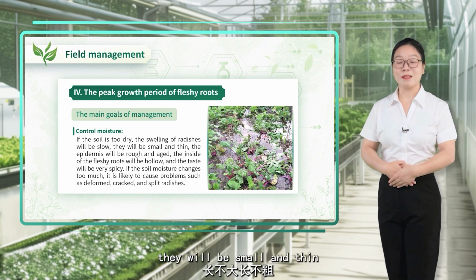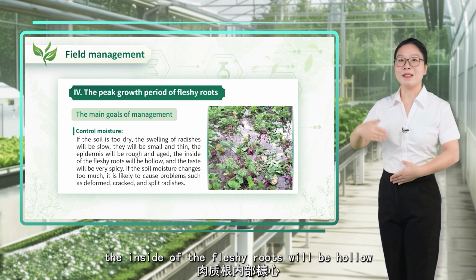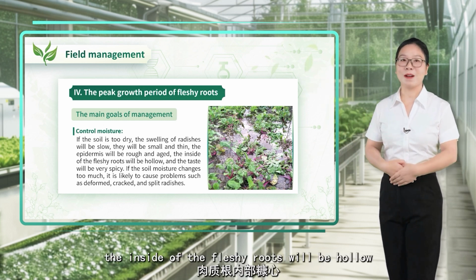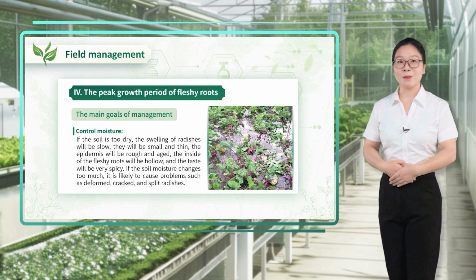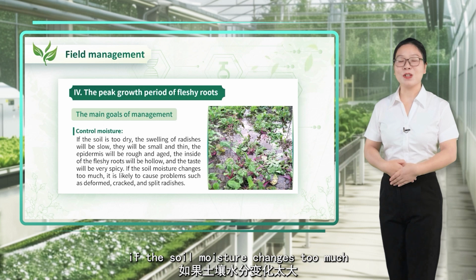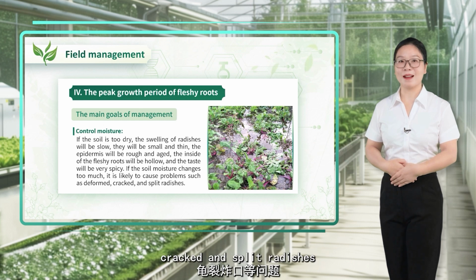They will be small and thin. The epidermis will be rough and aged. The inside of the fleshy roots will be hollow, and the taste will be very spicy. If the soil moisture changes too much, it is likely to cause problems such as deformed, cracked, and split radishes.